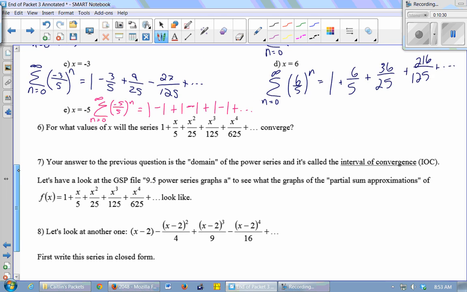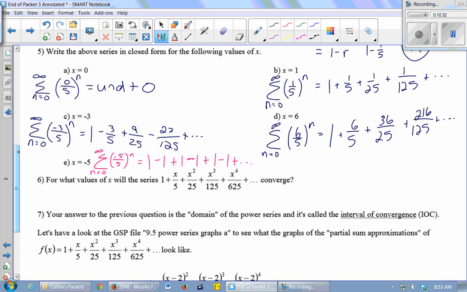All right, so what values of x will make this thing converge? I've done 0, 1, -3, 6, and -5. For x equals 0, we'll say this one converges, because if you look at it in the written out form, it would just be 1.